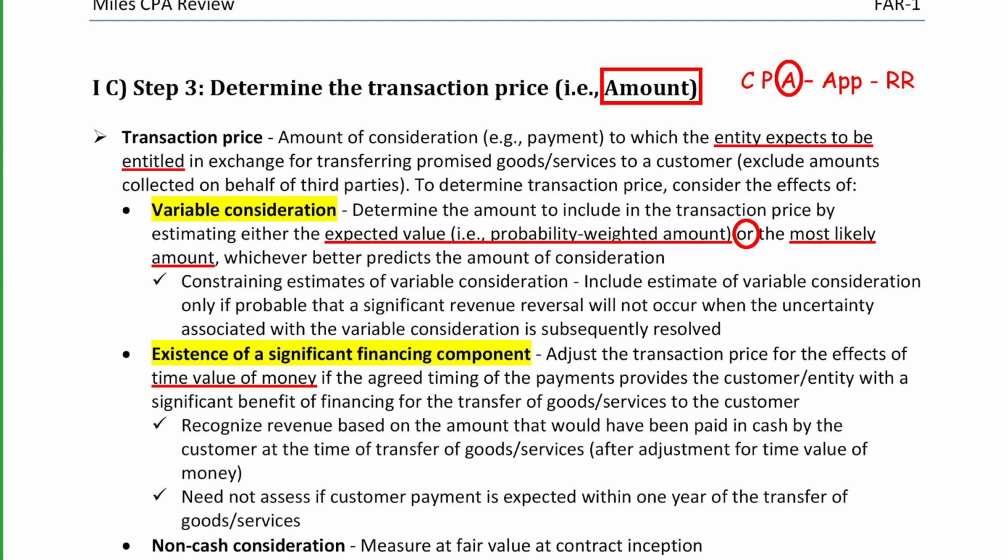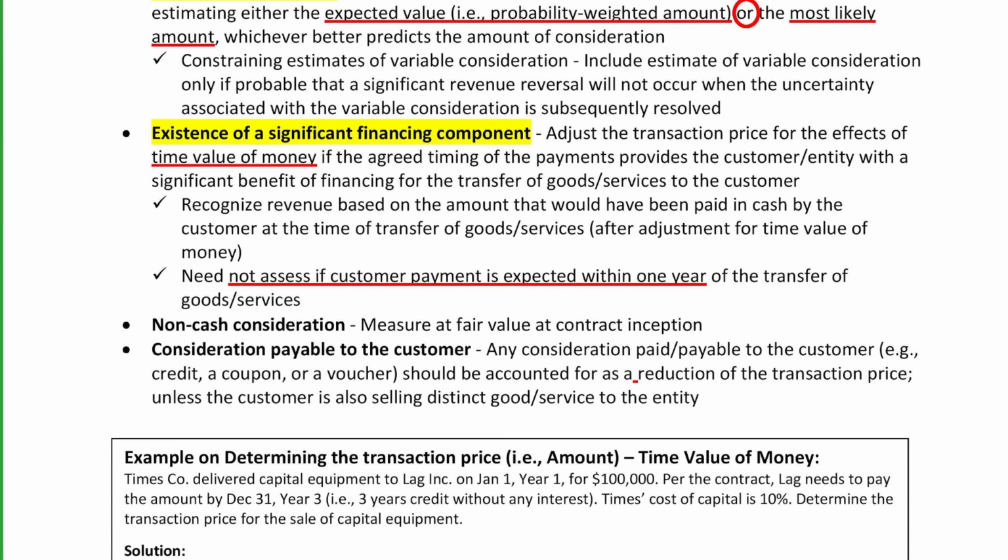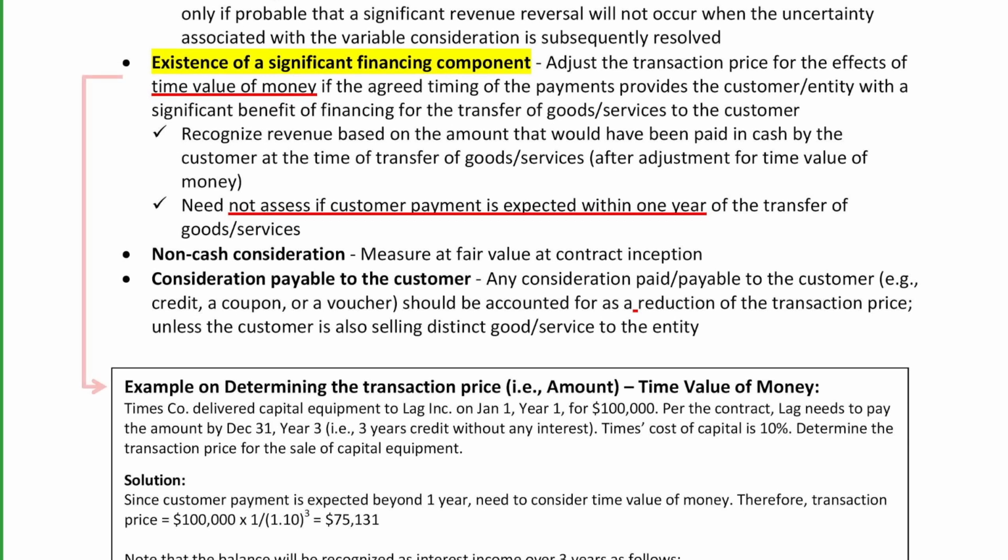Now, of course, this need not be assessed if customer payment is expected within 1 year of transfer of goods or services. And you can draw an arrow from this sub-bullet down to the example that we have below.